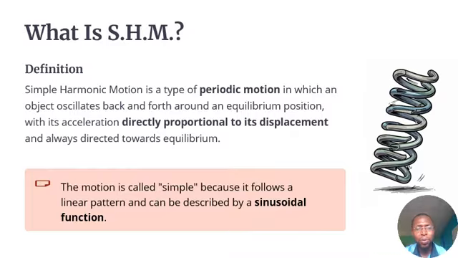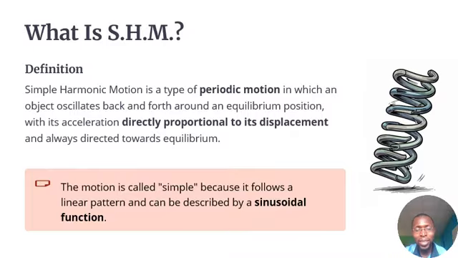Simply put, it's a type of oscillatory motion that moves to and fro periodically. When you say periodically, it means that it constantly maintains the time at which it is moving.